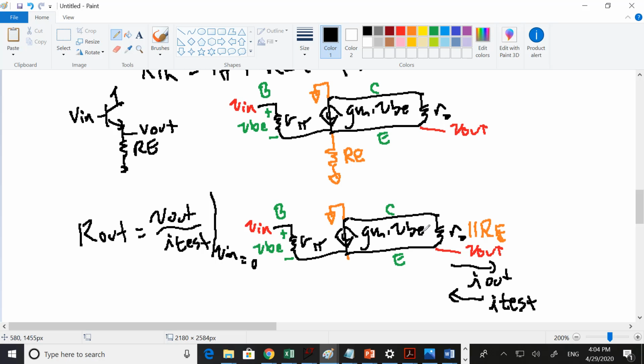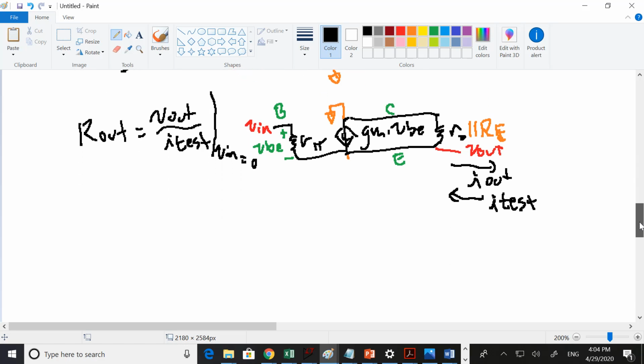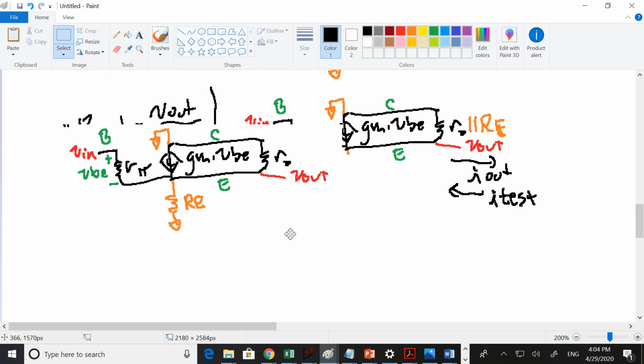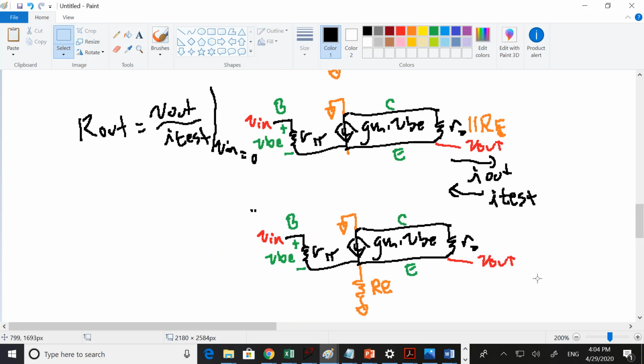So if you do that, and get rid of this. Okay, so now you have this, and to use the two-port rule, we'll use this purple, maybe.